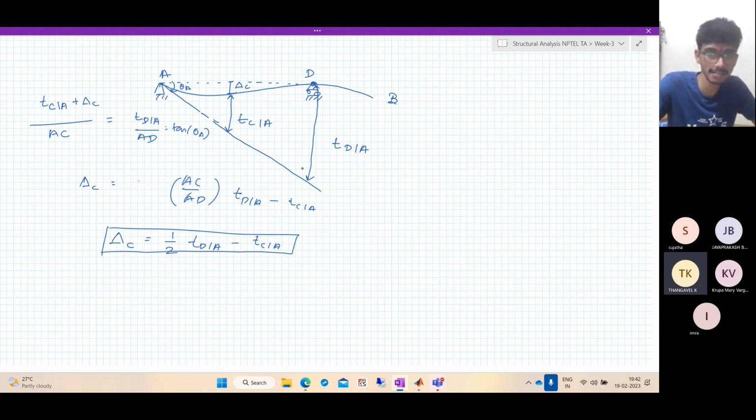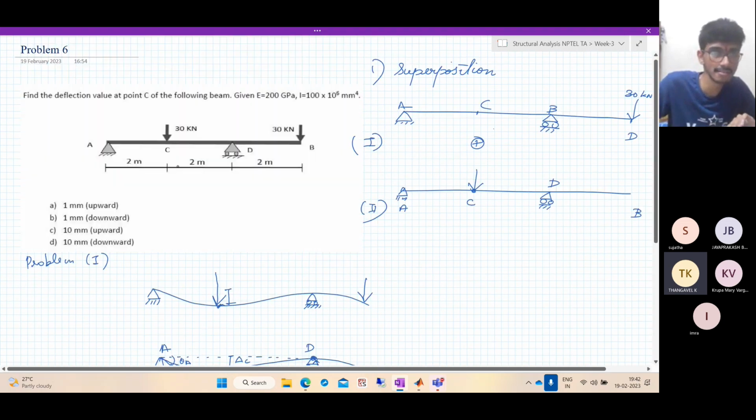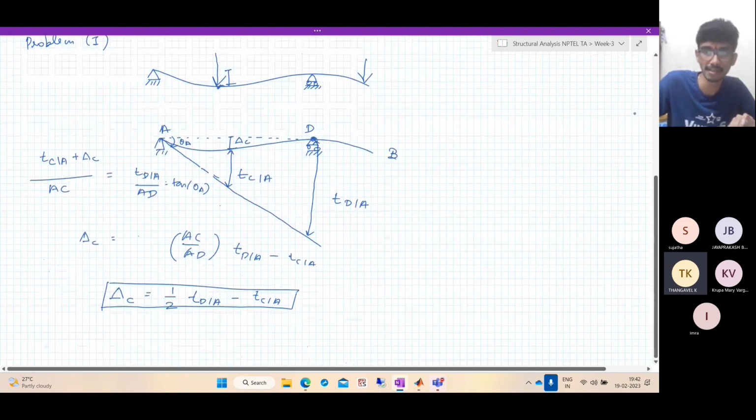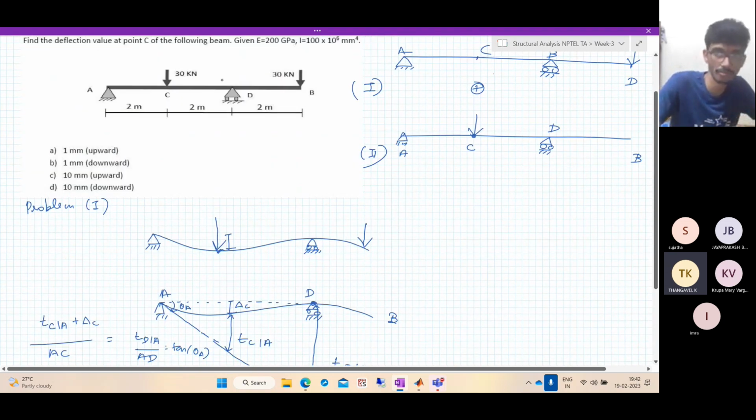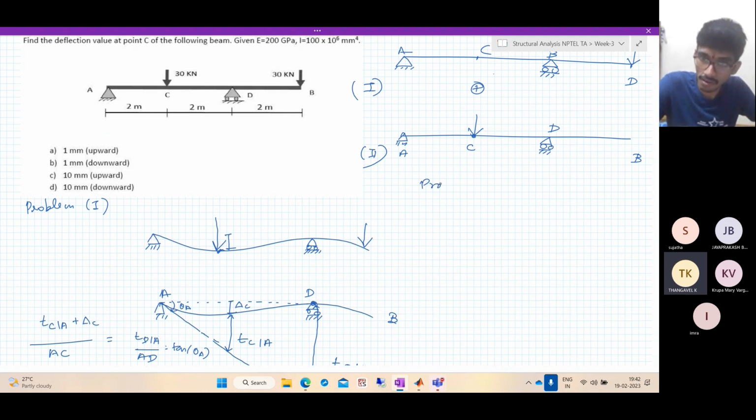Now let's consider the two sub-problems. For problem 1, where only this end load is acting, let's quickly get the bending moment diagram. What's the moment at the point B? There's a load P acting here, so the moment here will be hogging.